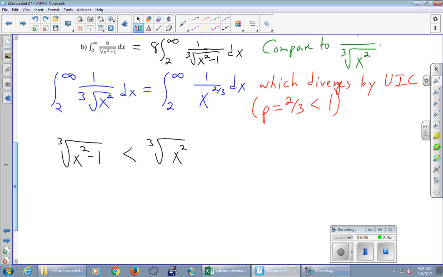Because we subtracted 1. So the left-hand one is smaller. But I didn't want these upstairs. I wanted them in denominators. So we do 1 over. This is our standard flipping trick. What happens to the inequality? It changes to greater.